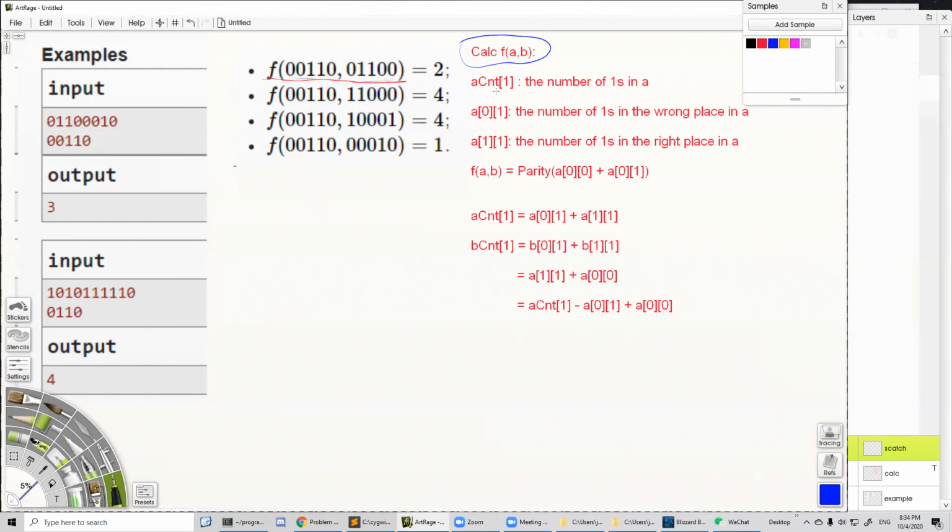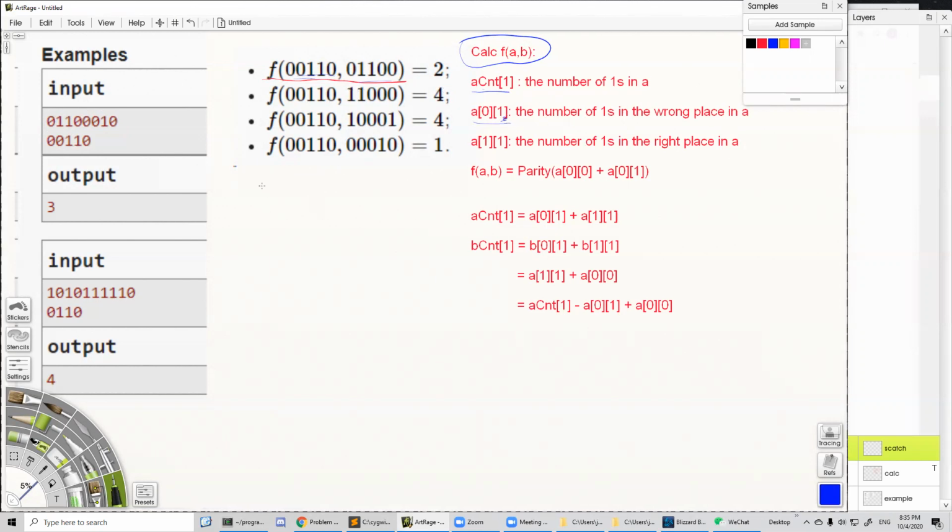And A count 1 here, we use this symbol to represent the number of ones in A, right? It means the counter of 1 in the first string, right? And this guy here, A01, is the number of ones in the wrong place in A, right?